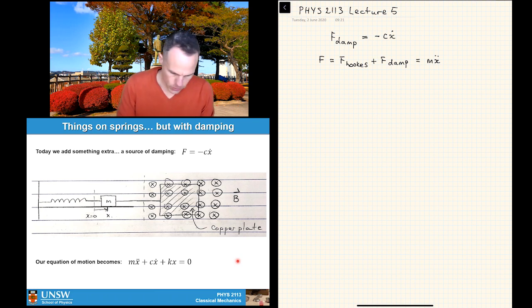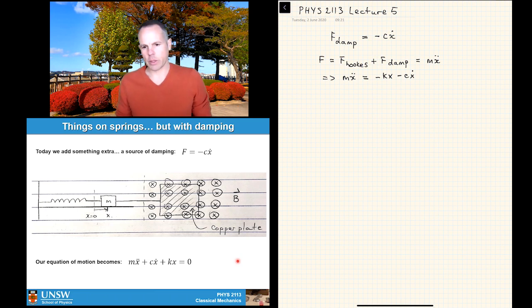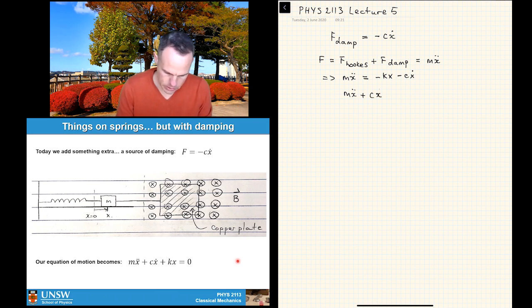So we have m x double dot equals minus k x minus c x dot. And of course we can take the two terms from the right over to the left hand side. So this would be m x double dot plus c x dot plus k x equals 0.